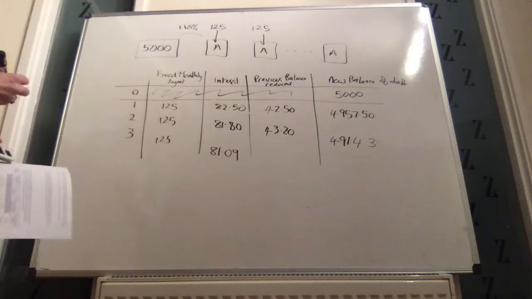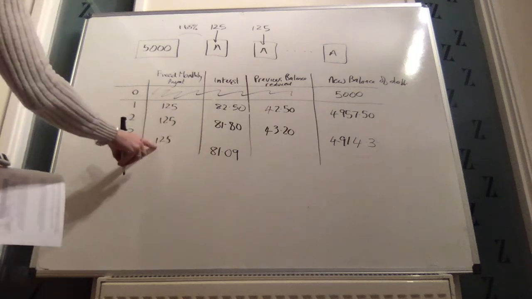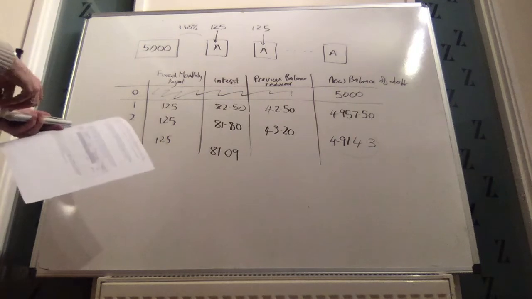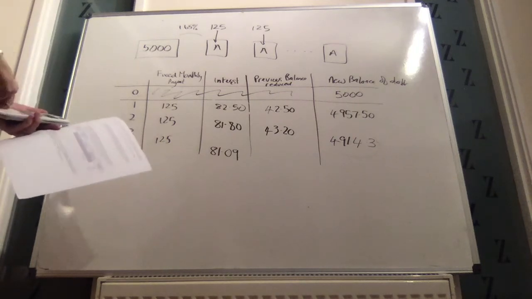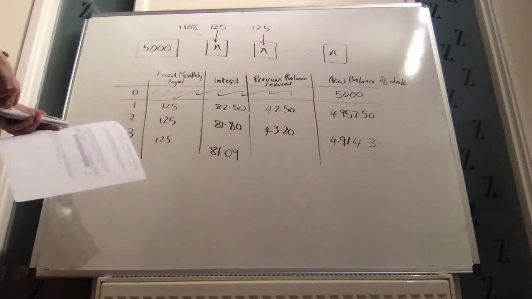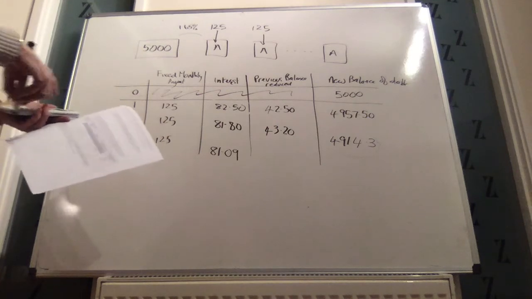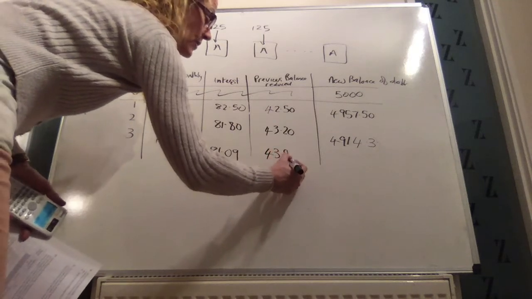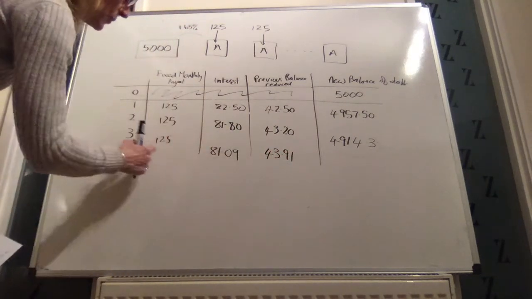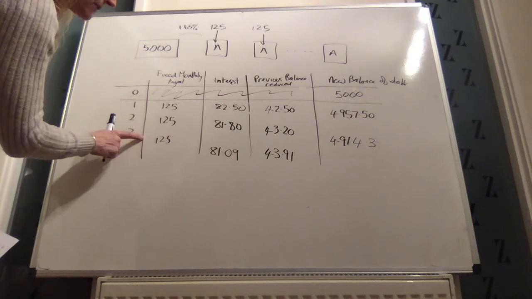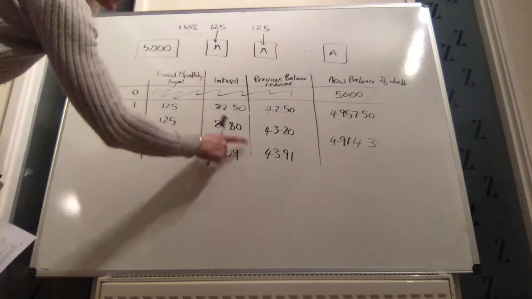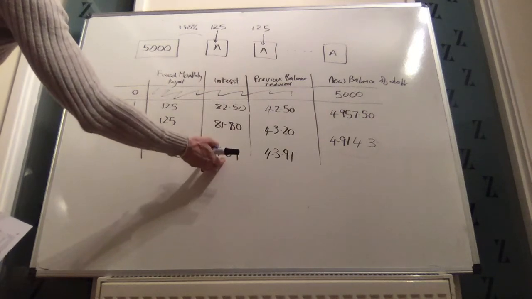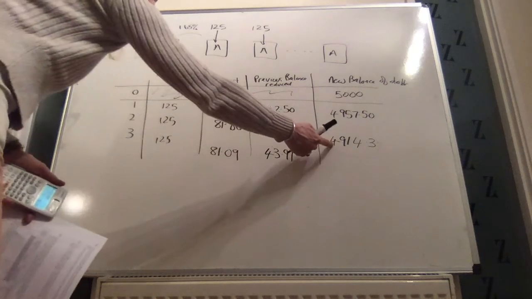So he's going to owe 81.09 euros in interest, but he will pay off 125. That leaves 43.91. So of the 125 that he pays back at the end of the third month, 81.09 euros of it is interest for that month.